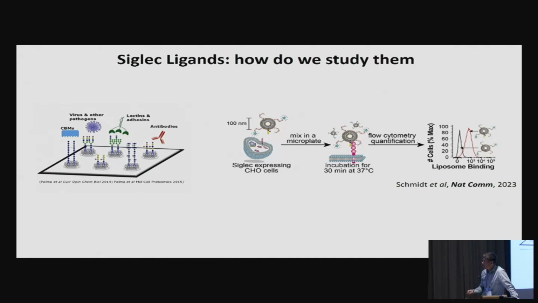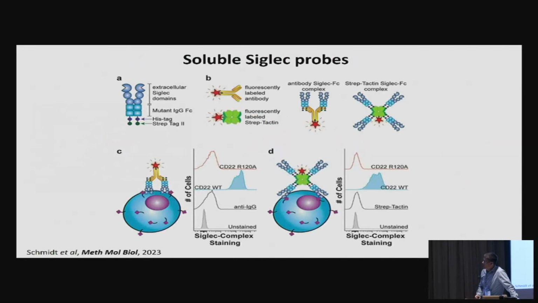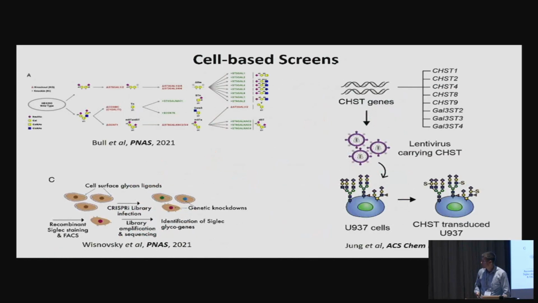I won't go through that, but these are complementary, not as high throughput. And these leverage soluble versions of the siglecs. Again, I won't go through these, but the field uses them a lot. Siglecs are transmembrane proteins and so difficult to work with, so soluble proteins ease that.